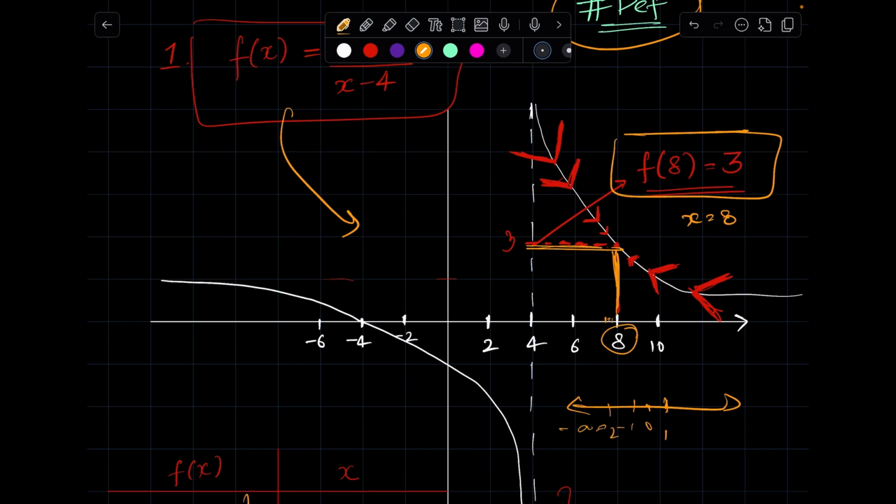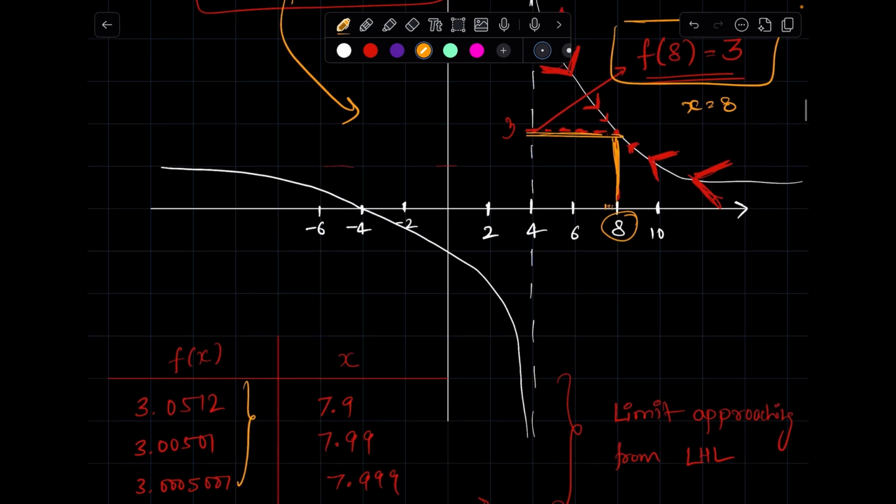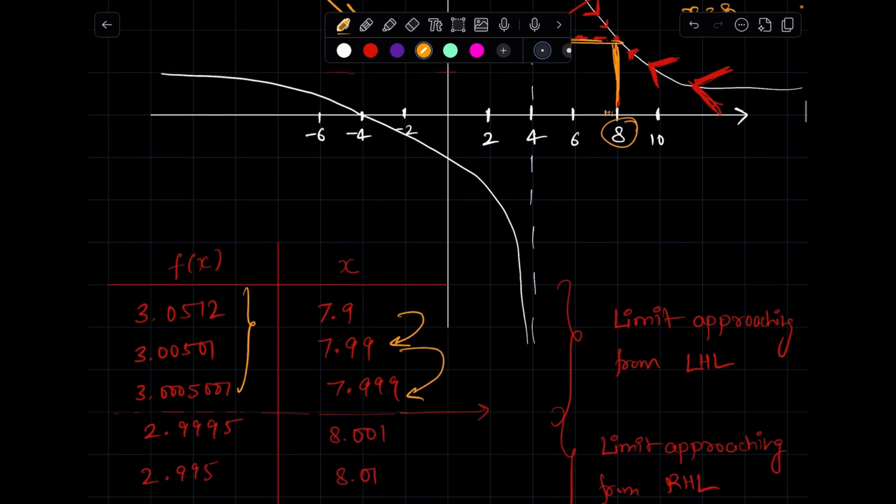On the right hand side you have numbers like 2, 3, positive infinity. So when we are talking about the left hand side, you're basically approaching from smaller numbers and we are scaling them up to the number that we want. In this case, we're talking about 8. So we take a small number that's very close to it, 7.9. We increase it and we get closer and closer to 8 as 7.99, 7.999. And our f of x also gets closer and closer.